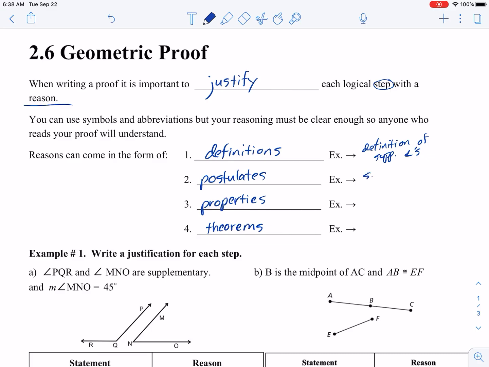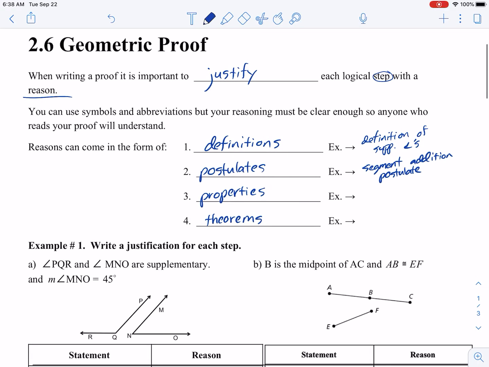Postulates, segment addition postulate is just one example of different postulates we've used this year. We're going to be using that in an example down below. Properties. You used a lot of properties of equality on the previous lesson. Subtraction, addition, property of equality when you're solving equations. Again, you can abbreviate and use symbols.